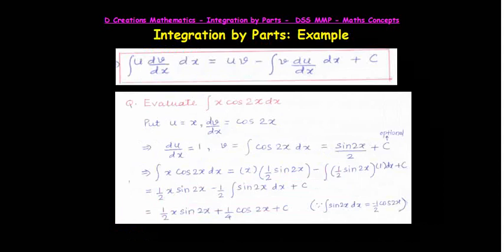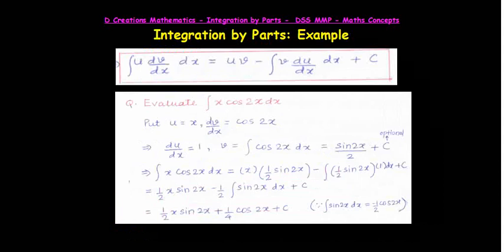Now, considering the format, integral of x cos 2x dx will be equal to, just follow this, u into v. U we had identified to be x, v we have calculated to be sin 2x by 2, minus integral of v du by dx dx.